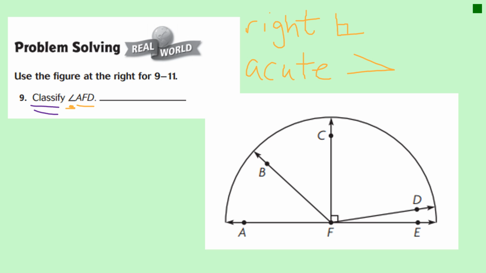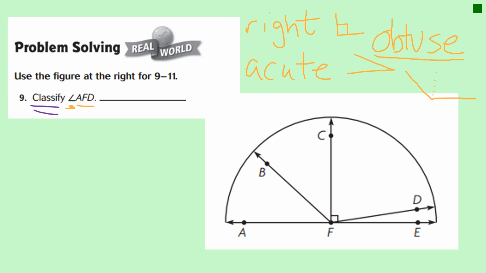What's the third angle type? Obtuse. I like to say it like that because it makes it sound like big. Obtuse angles are angles that are greater than 90 degrees.